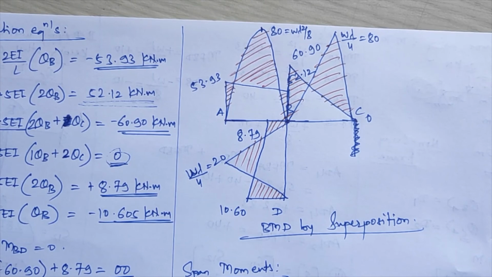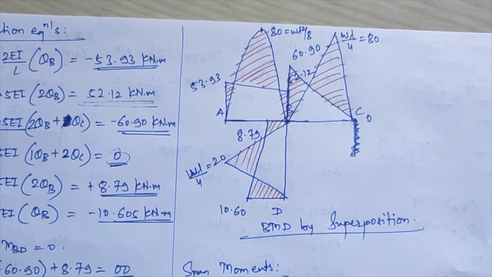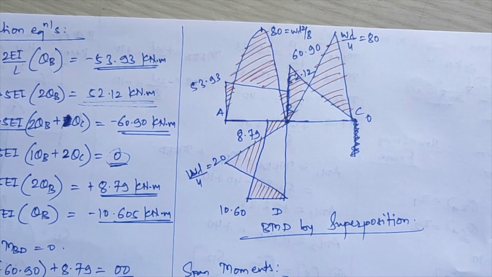Those unknowns we directly get in terms of matrix form, and we get their values by solving the equations. These numericals are very easy to solve and not as time consuming compared to your other three methods, that is slope deflection, moment distribution method, and the flexibility matrix method.